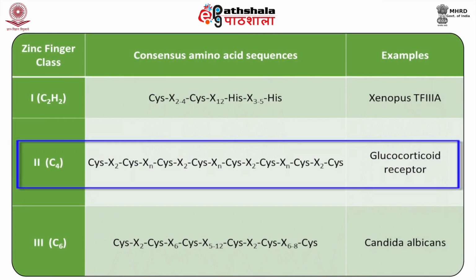Class 2 zinc finger, also known as C4 zinc finger. This class encompasses the cysteine 4 or C4 zinc fingers.